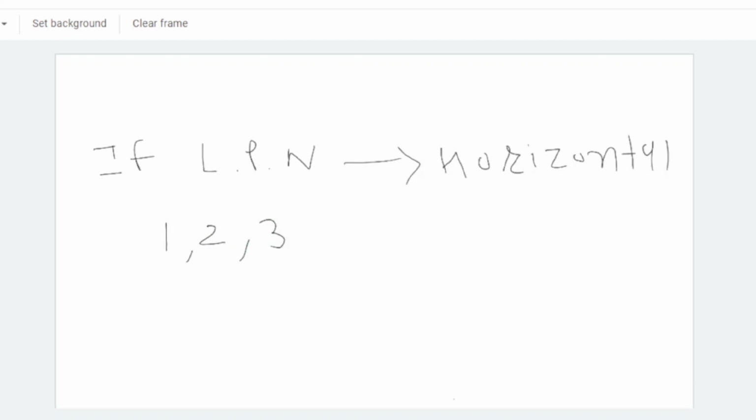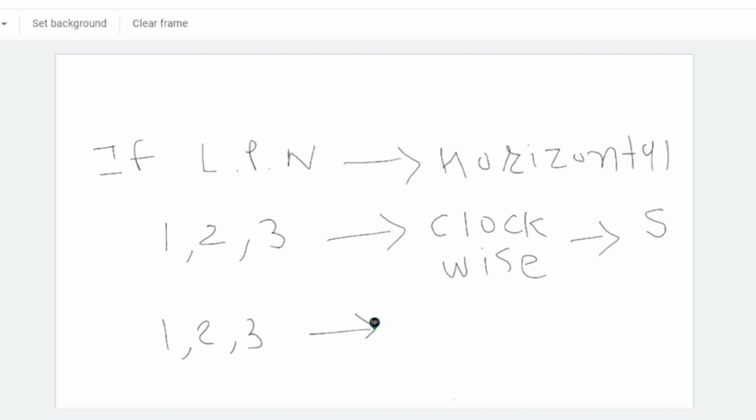If this 1, 2, 3 order is in the clockwise direction, then you should give S. And if the 1, 2, 3 order is anti-clockwise, then you should give R.